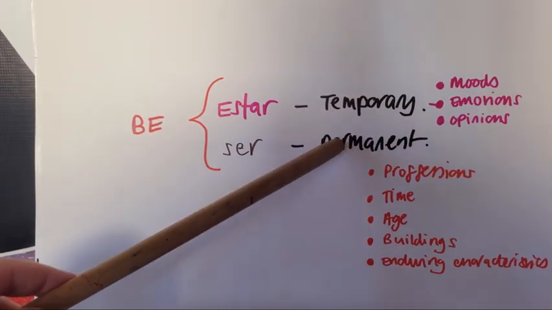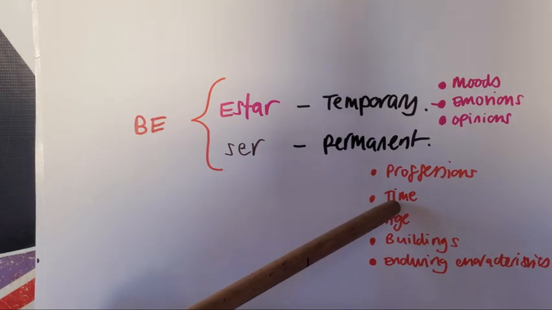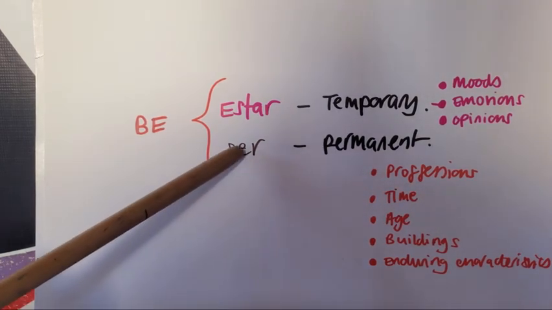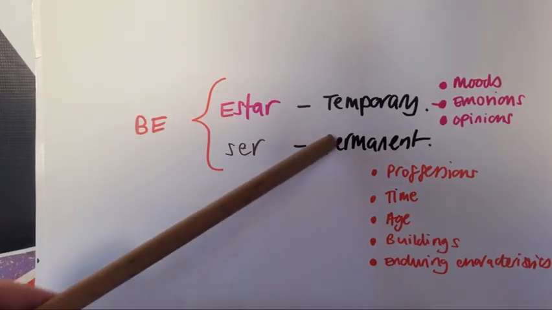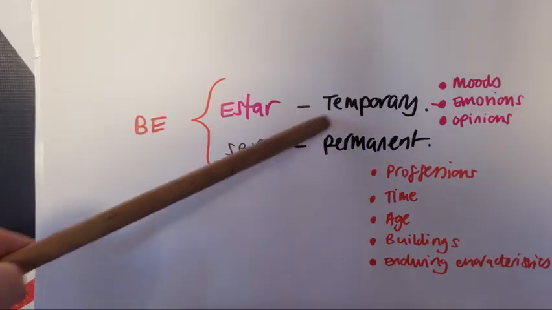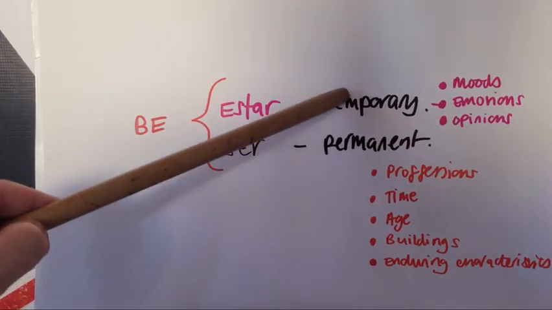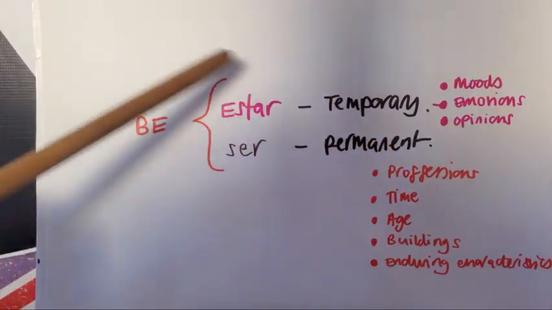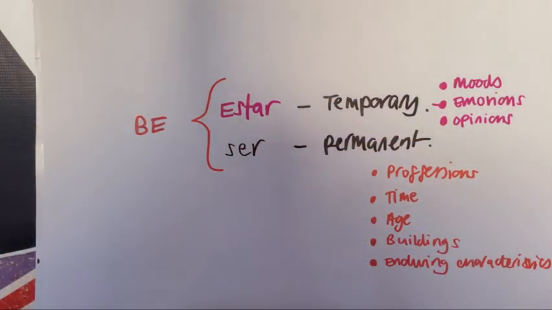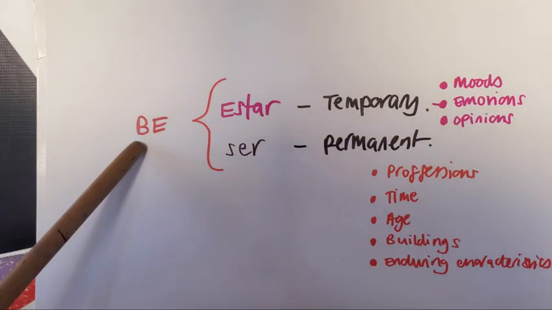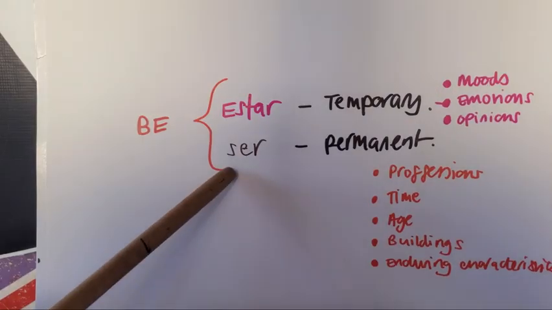It's considered permanent. Time is also translated using ser. Age, your age, is also translated as ser. These are called permanent qualities. So emotions and things are translated using estar, and permanent things, the to be is translated as ser.